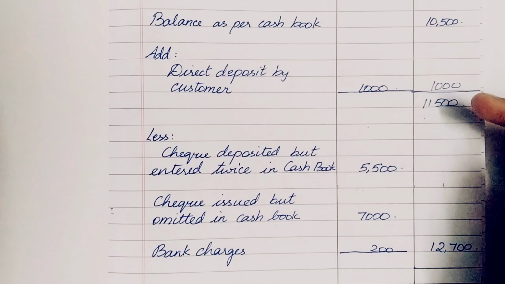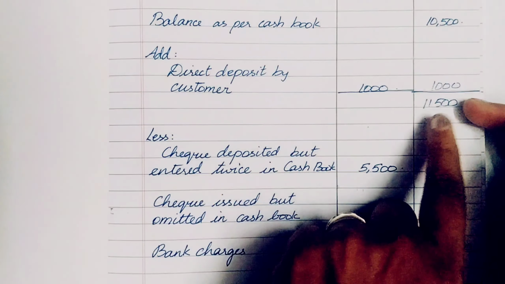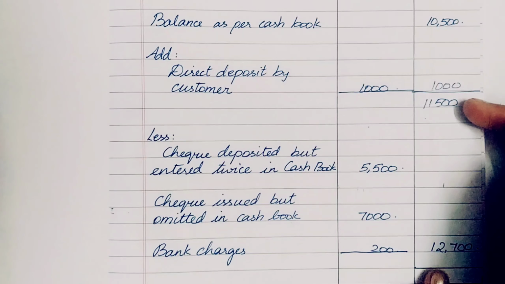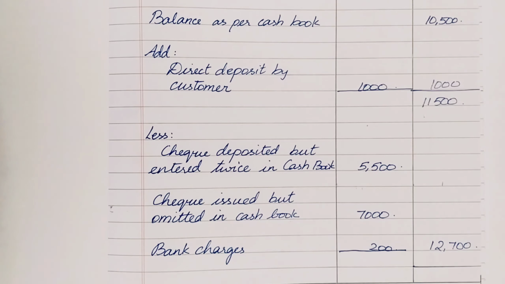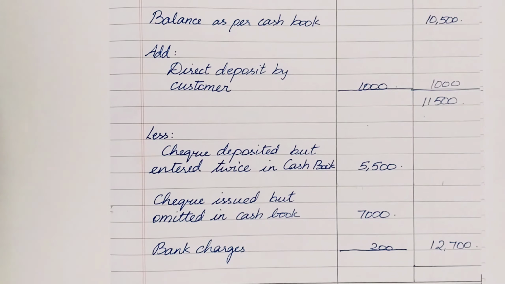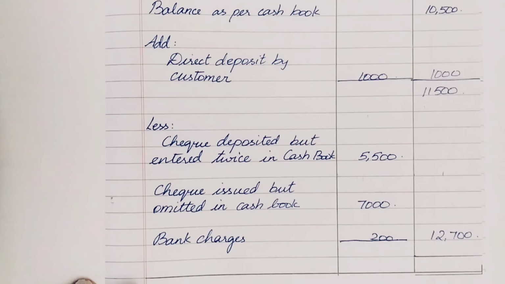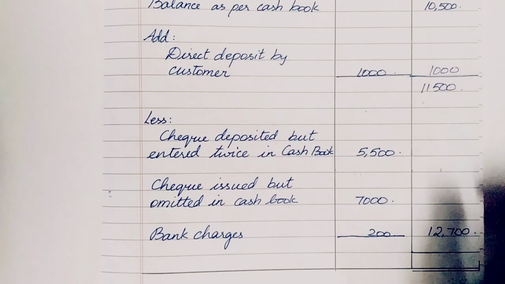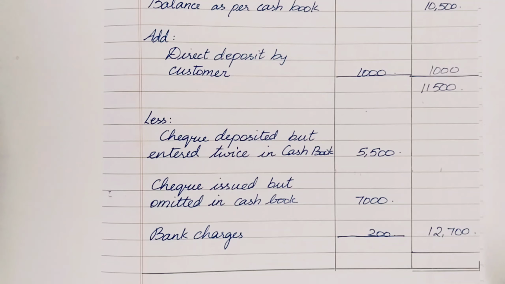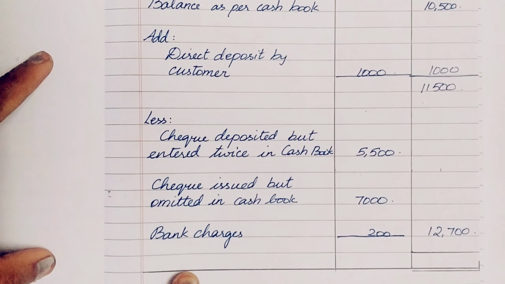Next, what I'm going to do is from this value 11,500, I will less 12,700. Technically, it is not possible, but the other way around, that is 12,700 minus 11,500. My answer will be a negative value because 11,500 minus 12,700 will be a negative value. So this shows the balance that I get.